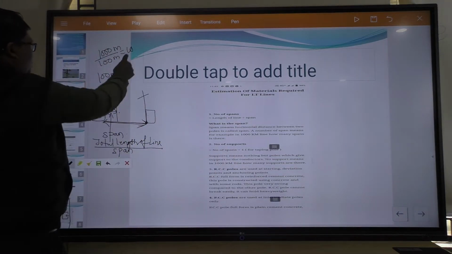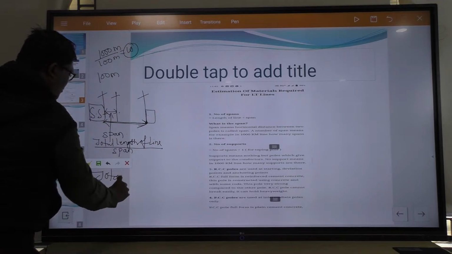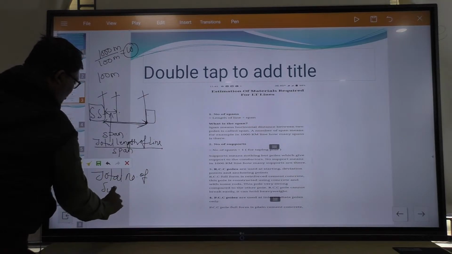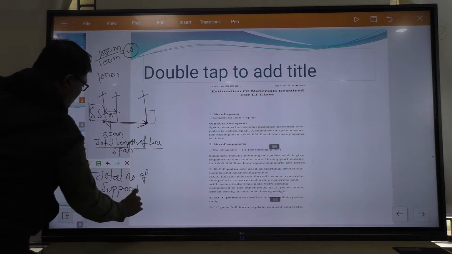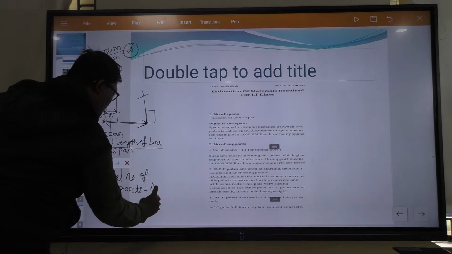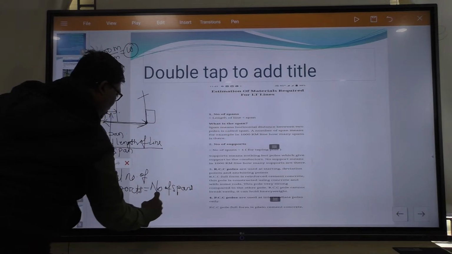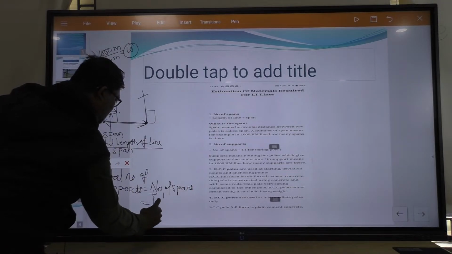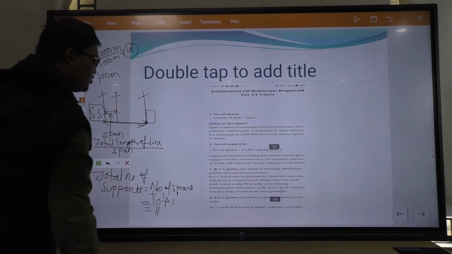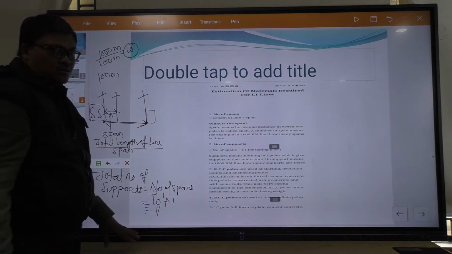That means, with number of spans 10, the total number of supports is number of spans plus 1, that is 10 plus 1, equal to 11. So, a total of 11 supports is required for this LT line.